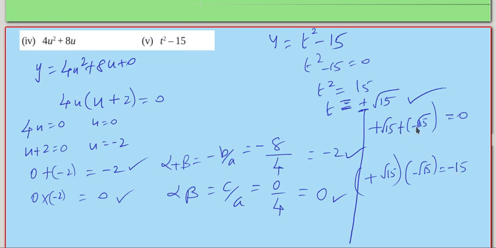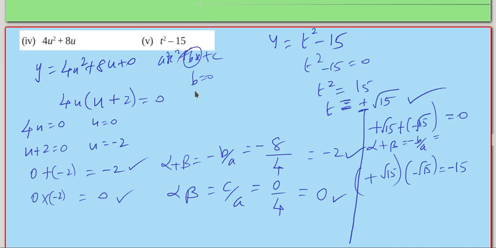Sum of zeros, alpha plus beta, equals minus b by a. In the form ax square plus bx plus c, here the t term is missing, no? So the value of b is 0.